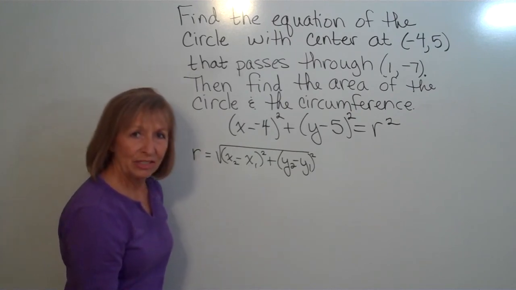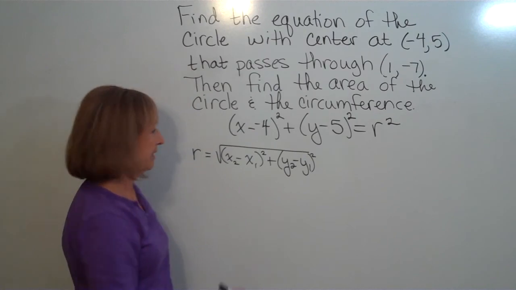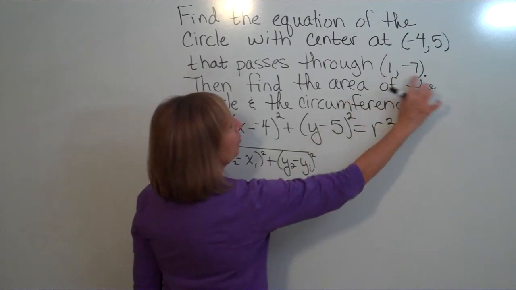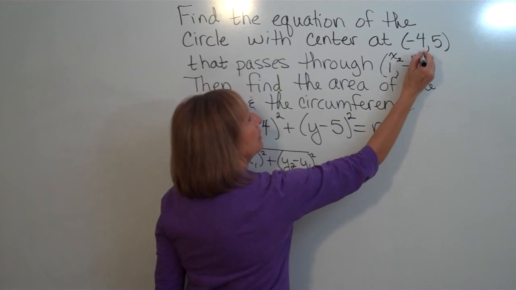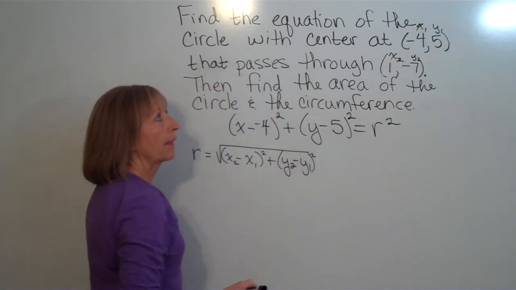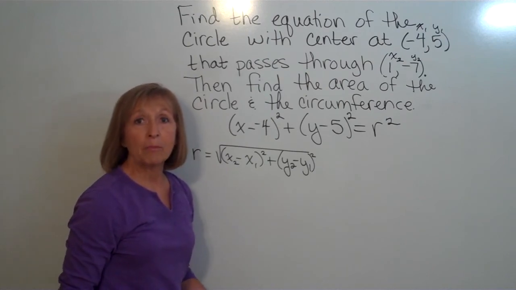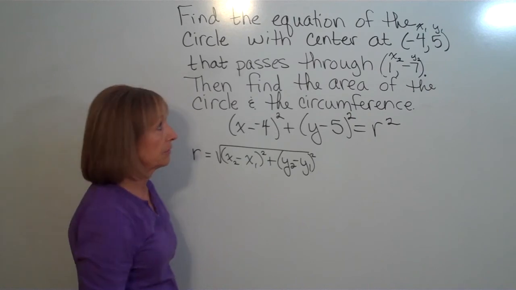Well, it's easier to just kind of erase and replace with this to make sure that I'm keeping straight with my signs. So let's call the point that it passes through my x sub 2, y sub 2, and my center x sub 1, y sub 1. So each ordered pair is an x comma y, and then one of the points is sub 1s and the other point is sub 2s.